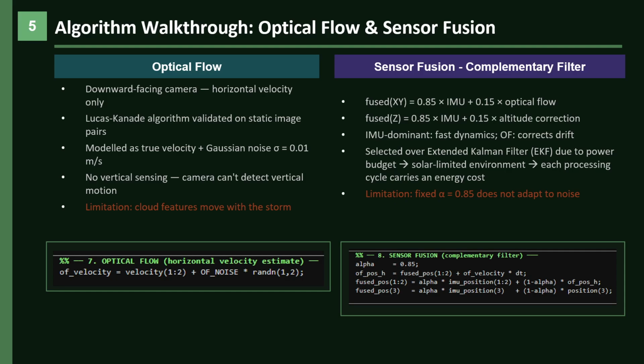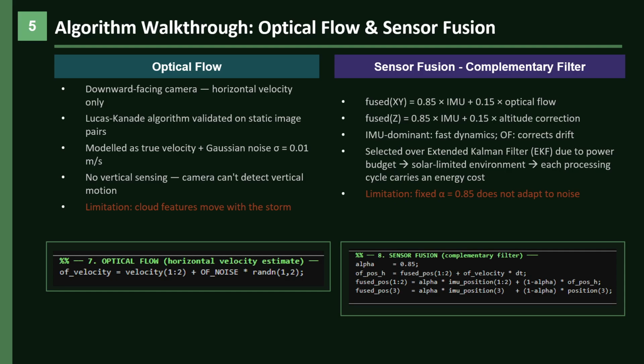The limitation, though, is that the cloud features do move with the storm, so this may introduce some errors, where different wind speeds could affect how clouds move, which can lead to more errors.